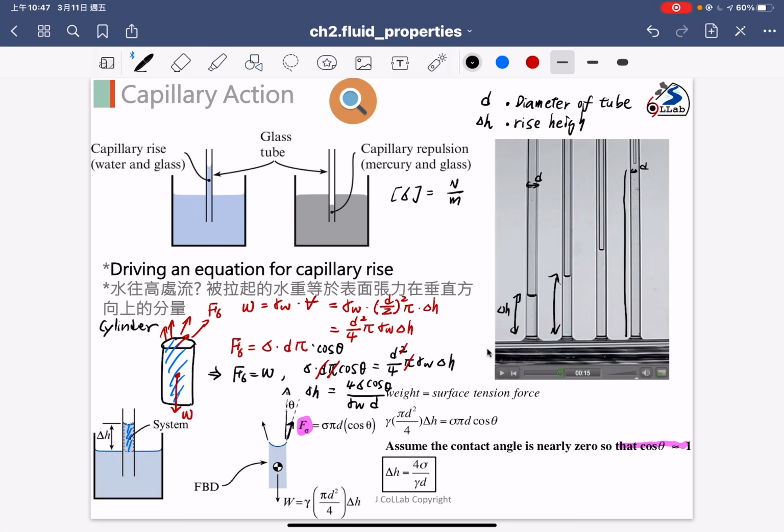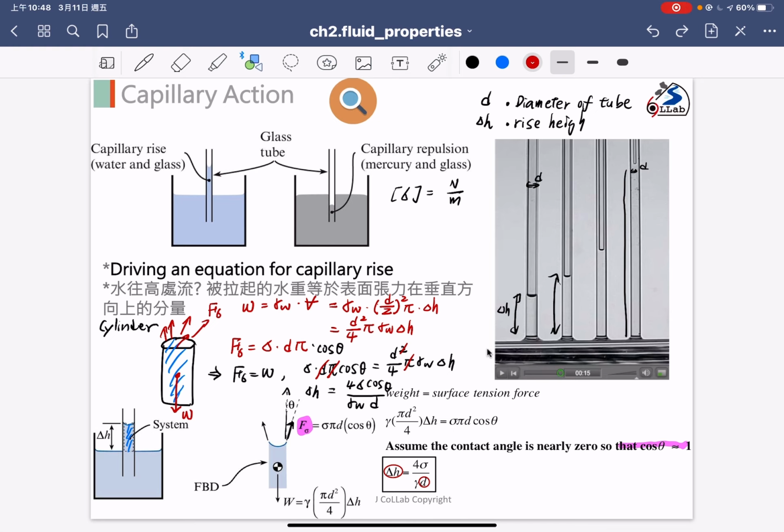The formula directly tells you why a small diameter has a higher rising height. Different materials have different surface tensions and different specific weights, but here we keep the same liquid and observe how the rising height changes with different tube diameters.